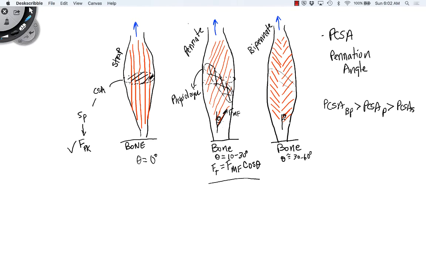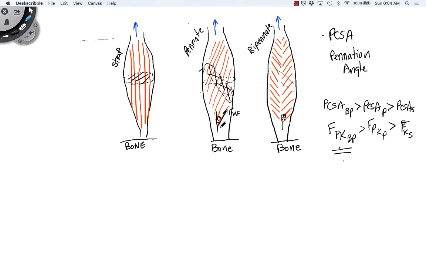So we could see, well, this bipennate or multipennate muscle is obviously much stronger and has a higher peak force, because we know PCSA is related to peak force, so we could just substitute here F peak for each of these muscles. So here is the strap and the pennate, and then the bipennate muscles here, right? And we could see this one is obviously winning.